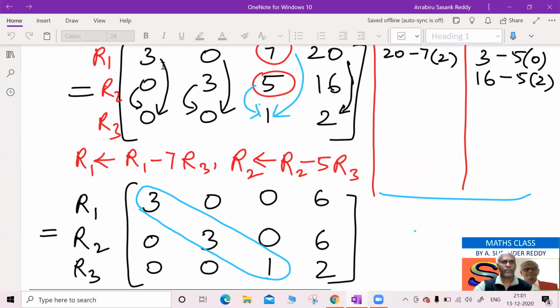Applying the same formula for the other elements: 0, 0, 0 only. 20 and 2.